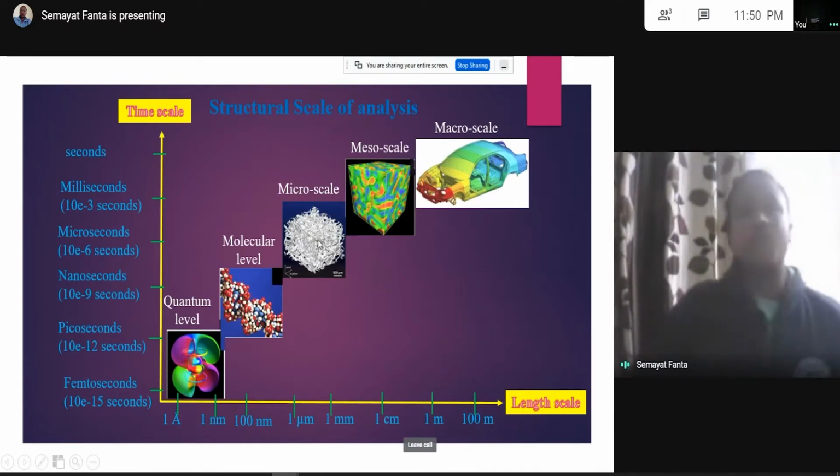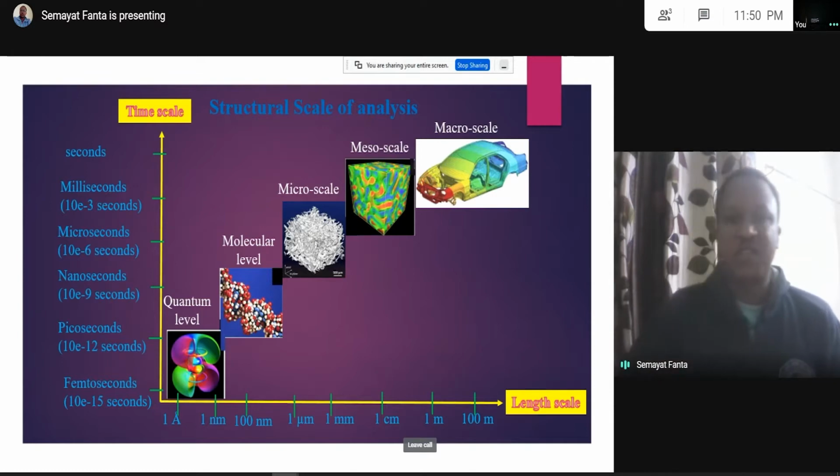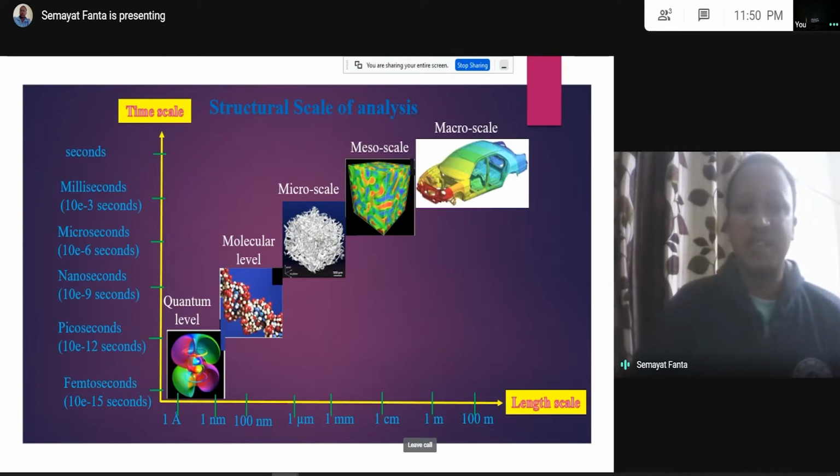For example, in the case of composite material, we can take the micro scale as the fiber or matrix scale. A single fiber having a diameter of 6 to 10 micrometer, so that scale is micro scale. Again, the homogeneous matrix material is considered as micro scale at its constituent level.